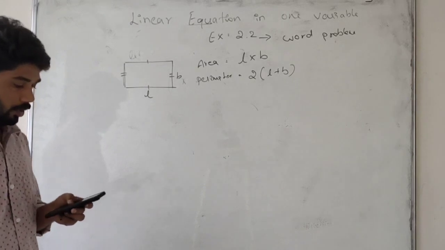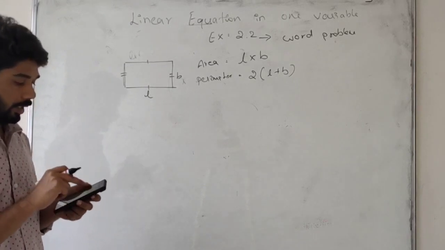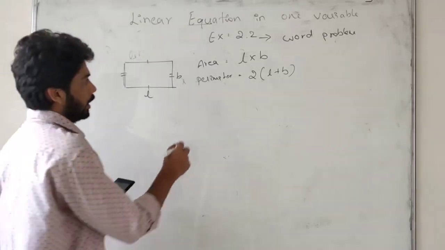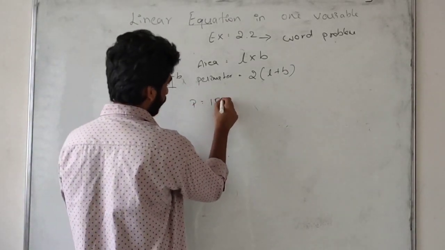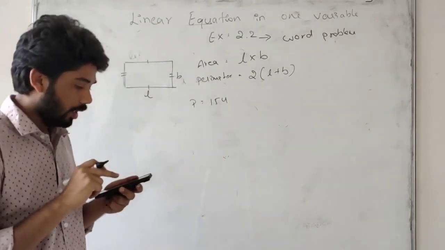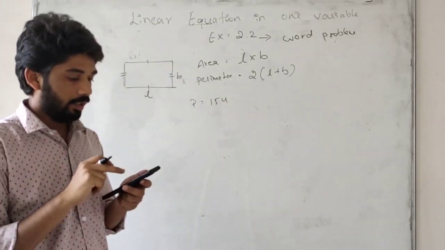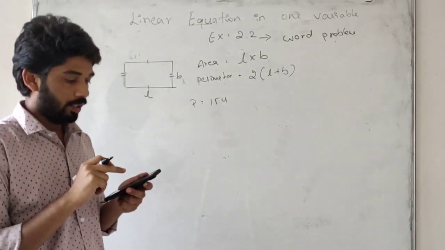Now the question: the perimeter of the rectangle is 154, so P is given as 154. Its length is 2 meters more than twice its breadth.